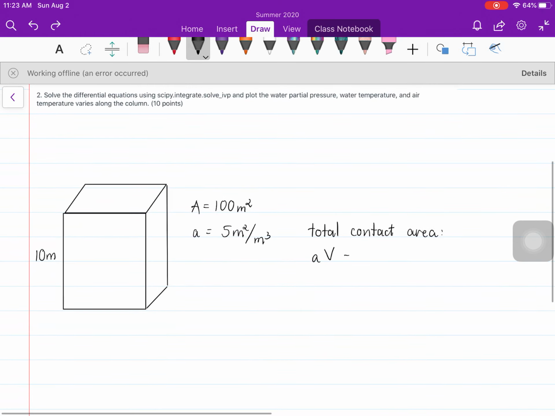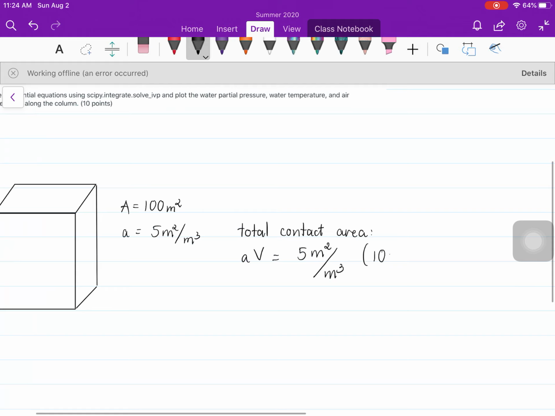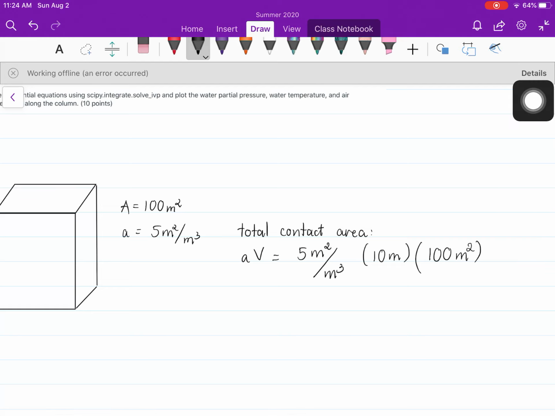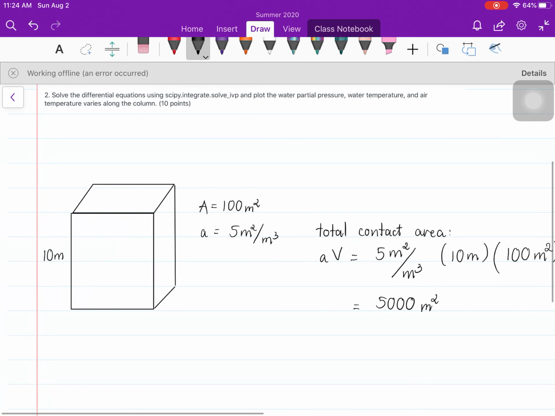So we have that equal to 5 meter squared per meter cubed times 10 meter, which is the height, and 100 meter squared, which is the cross-section area. So the total contact area of air and water is 5,000 meters squared.